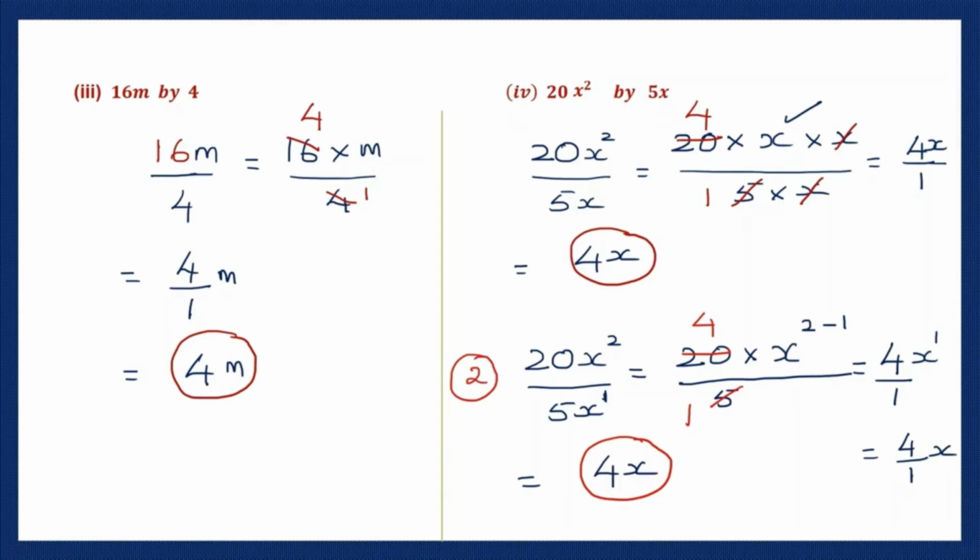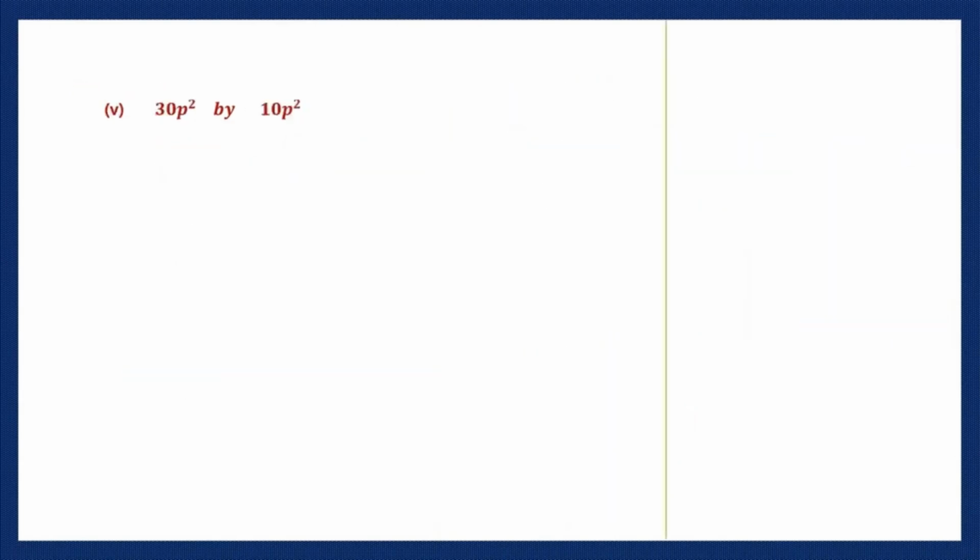Let's go on to the next one. Here we have 30p to the power of 2 by 10p to the power of 2. Question 5, 30p square by 10p square. So let's do that. 30p square divided by 10p square. So let's use the exponent law here. So this will be 30 into p to the power of 2, and below also I have p to the power of 2.